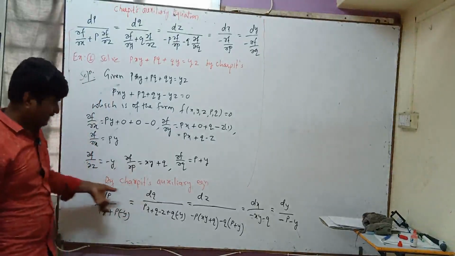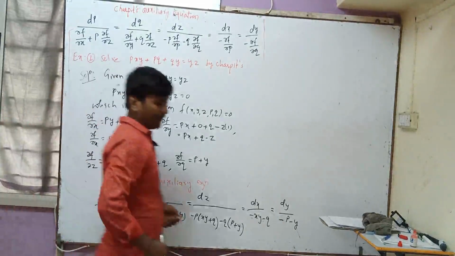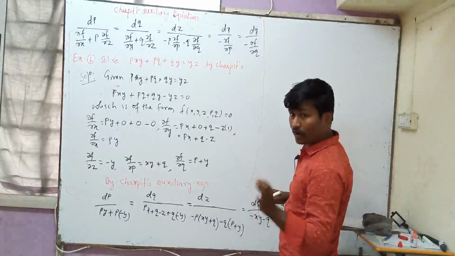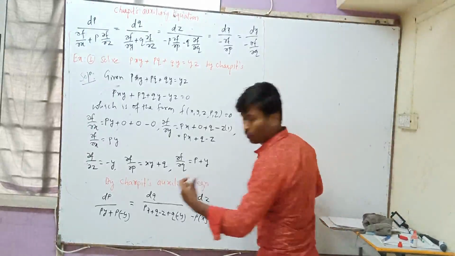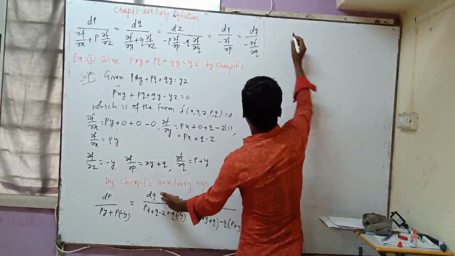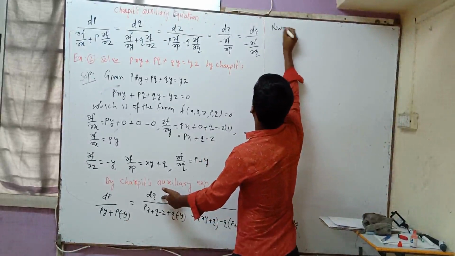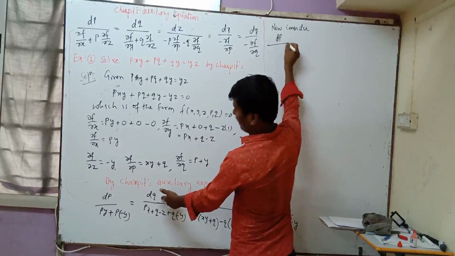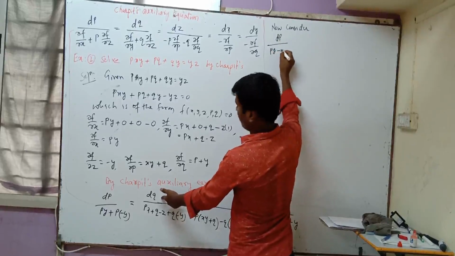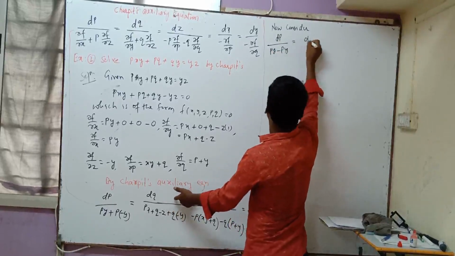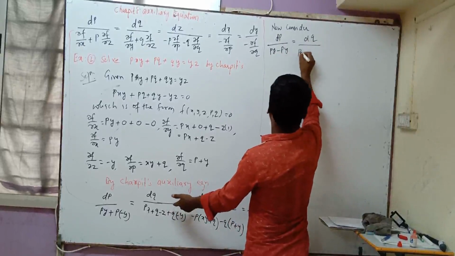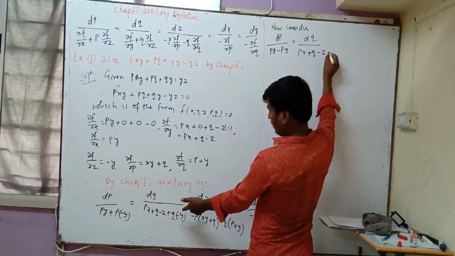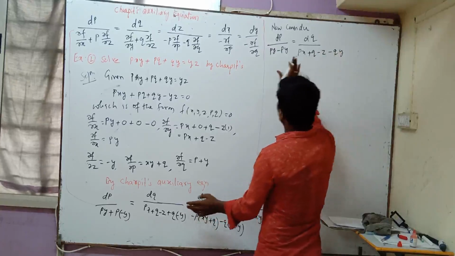After getting this auxiliary equation, I must take p and q in order to find their values. So dp divided by the first expression is equal to dq divided by the second.